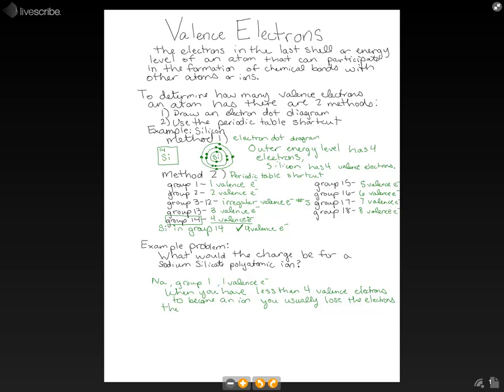Therefore, sodium is going to become Na+ because it gave away its one valence electron.